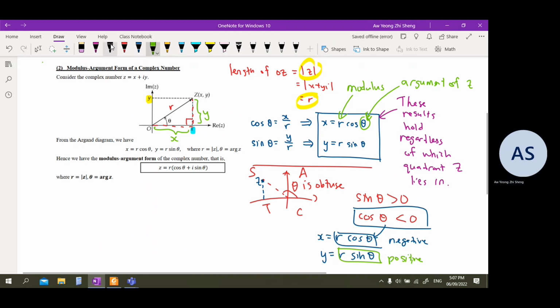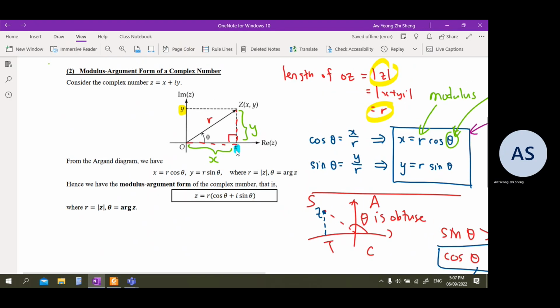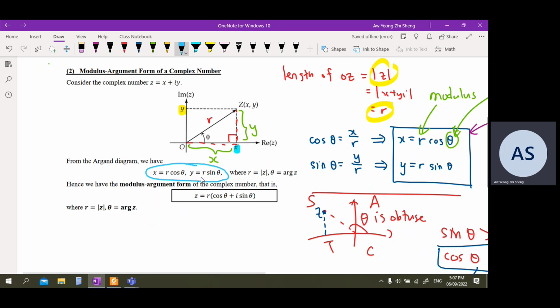Okay. Right. So in these two formulas or relationships that you need to know, r is the modulus of Z and theta is the argument of Z. Hence, since we know Z is originally x plus yi, and now we know x is r cos theta, I replace x by r cos theta, and I replace y by r sin theta, with an i there.